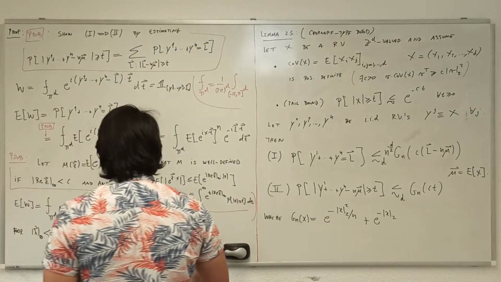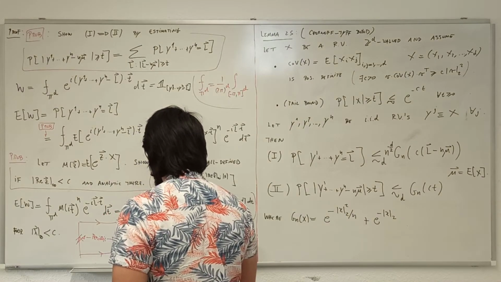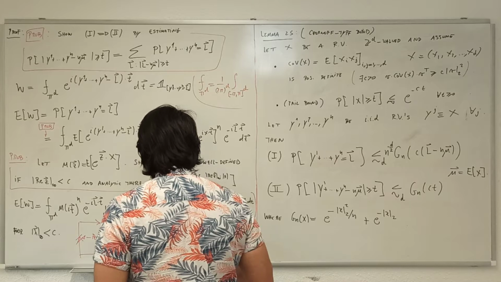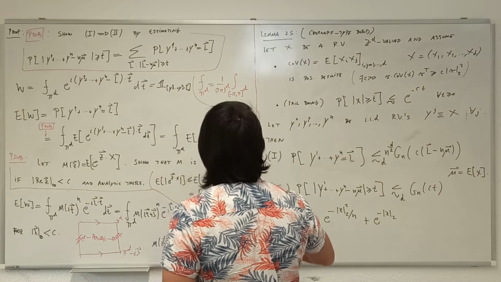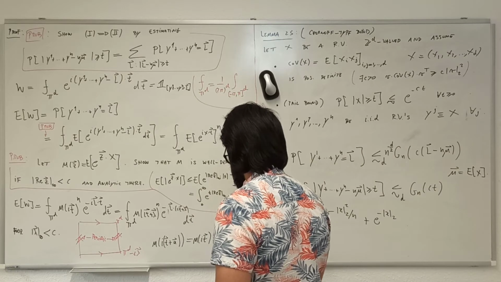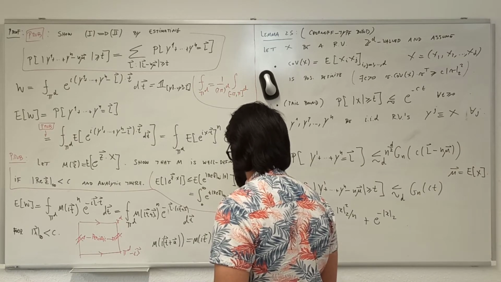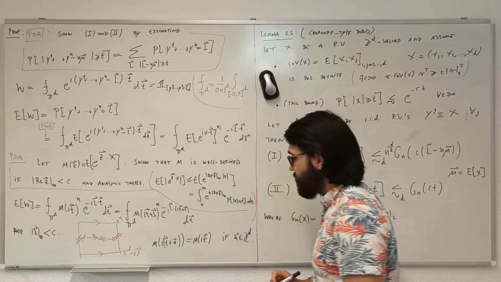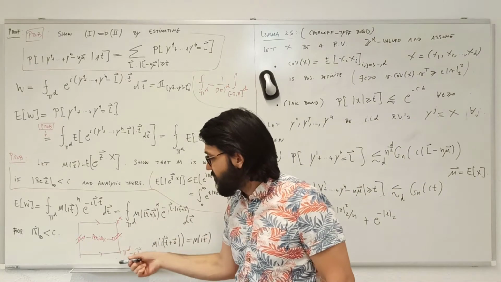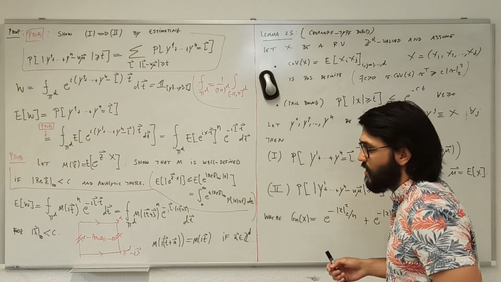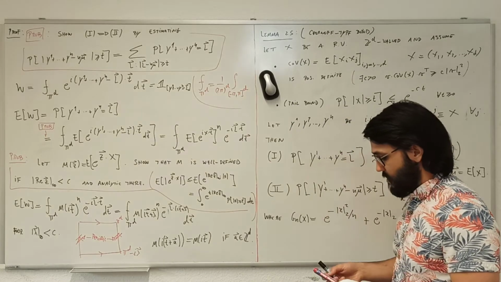Well, because m of i t plus 2π a equals m of i t if a is an integer vector. So since it's periodic, the integral here equals the integral there, therefore the integral here equals the integral there. And I can do this whenever the lambda is sufficiently small. Okay.